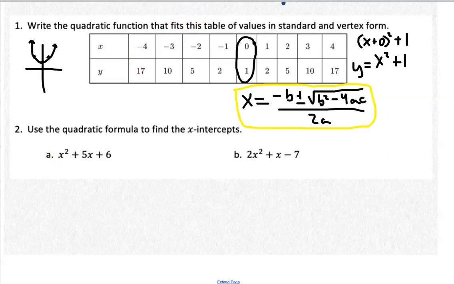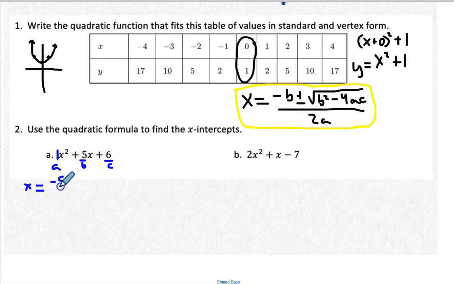So basically, a, b, and c are the coefficients, right? This is 1x squared plus 5x plus 6. So here a is 1, b is 5, 6 is c. And we're going to substitute 1, 5, and 6 into this formula here. So we have x equals, so opposite of b, right now b is 5.